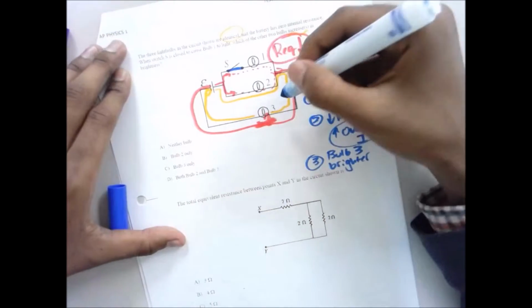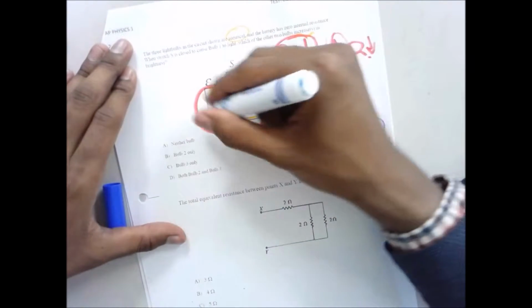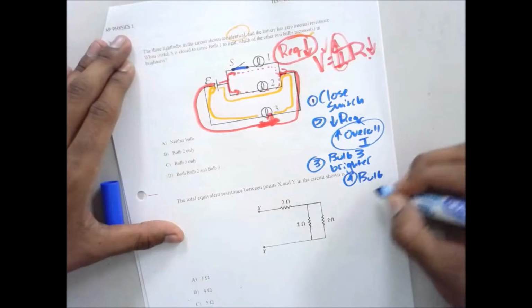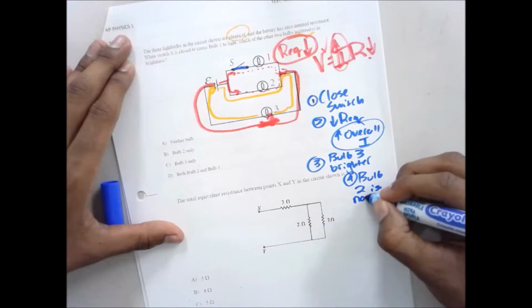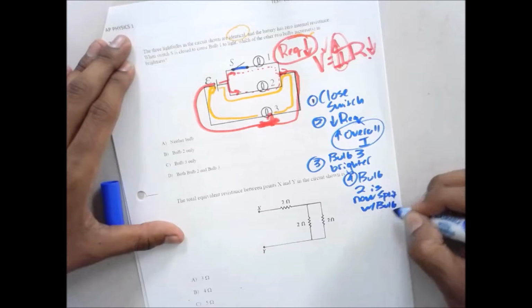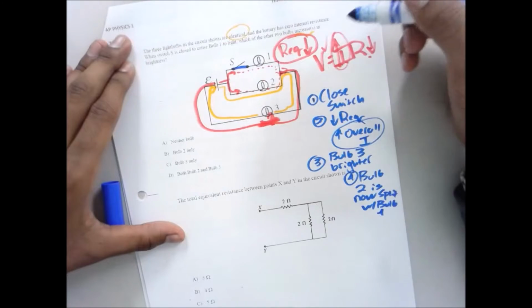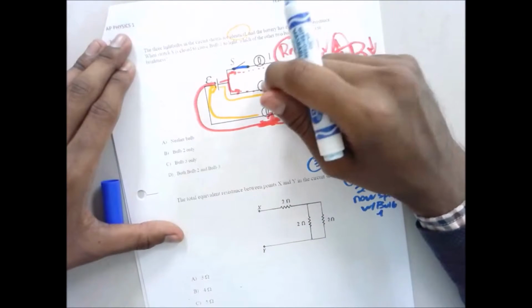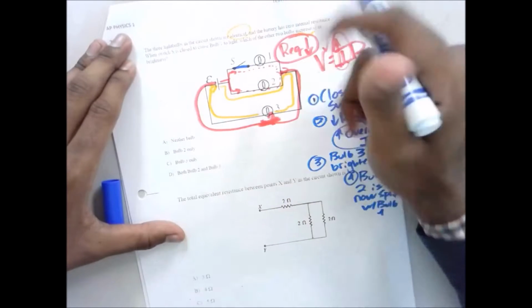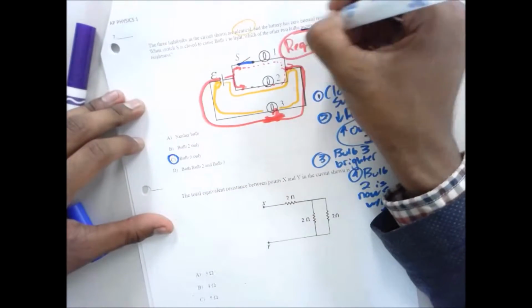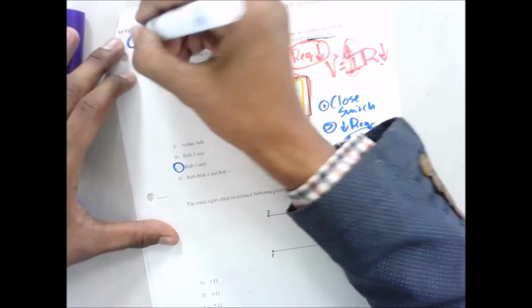It's the only bulb in that branch, so it's going to get all the current before it goes back to the battery. But bulb 2 is now splitting current with bulb 1. So although there's more current flowing through the circuit overall, bulb 2 is splitting its original current with bulb 1, and so it won't get brighter. It'll in fact get less bright. And so bulb 3 is the only one that's going to see an increase in brightness. This is a tricky one.